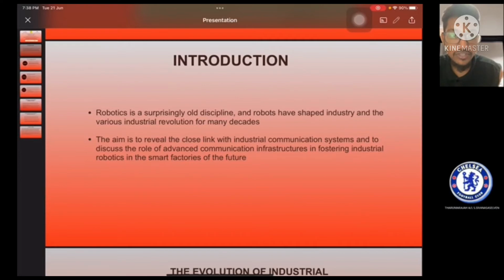The aim is to reveal the close link with industrial communication systems and to discuss the role of advanced communication infrastructure in fostering industrial robotics in the smart factories of the future.